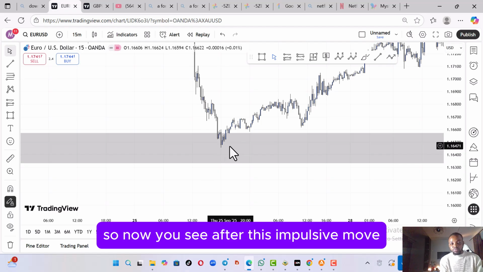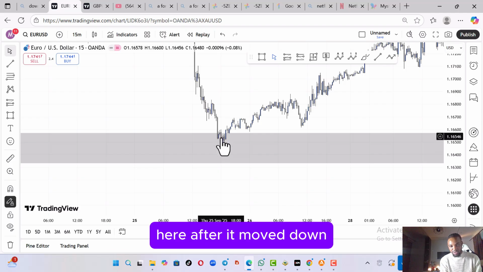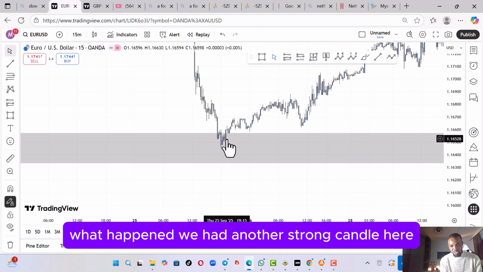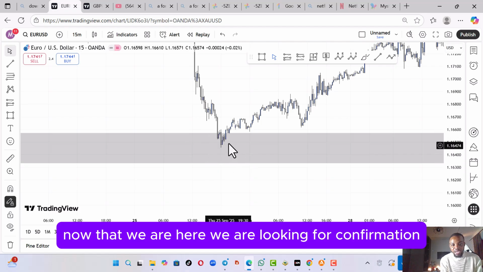So now you see after this impulsive move, this particular candle right here, after it moved down, the next candle opened and boom, what happened? We had another strong candle here. Remember, now that we are here, we are looking for confirmation.